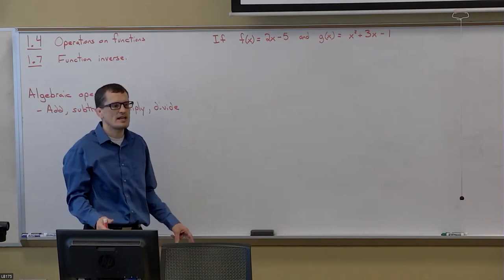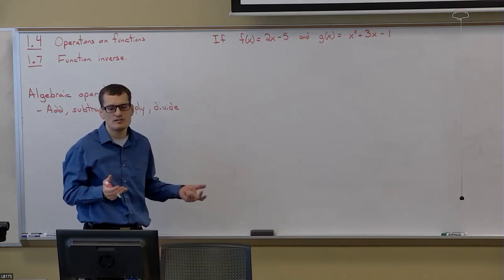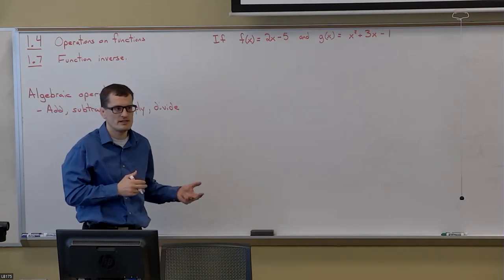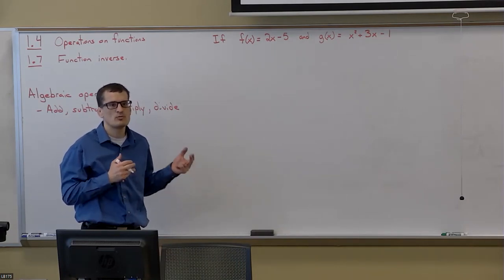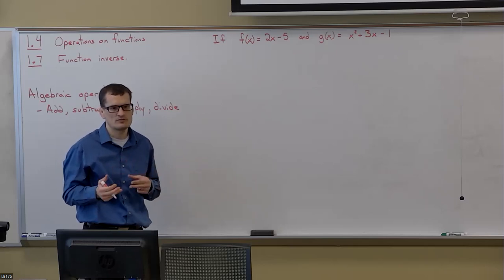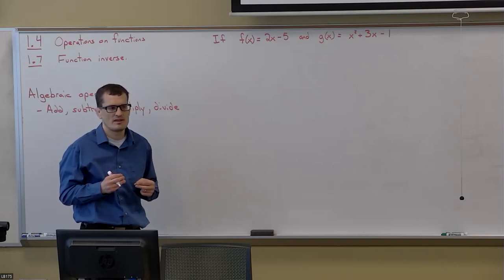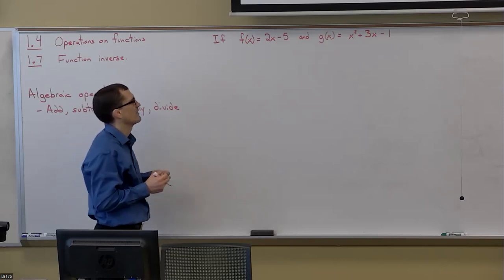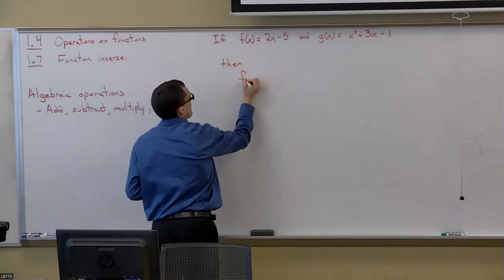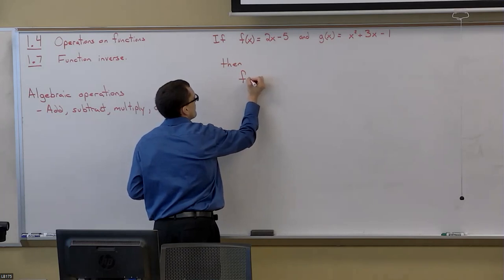If I said I'm going to add these two functions, f plus g, what I'm really telling you is I'm going to add the output of those two functions together. So if I said, what is f of x plus g of x?